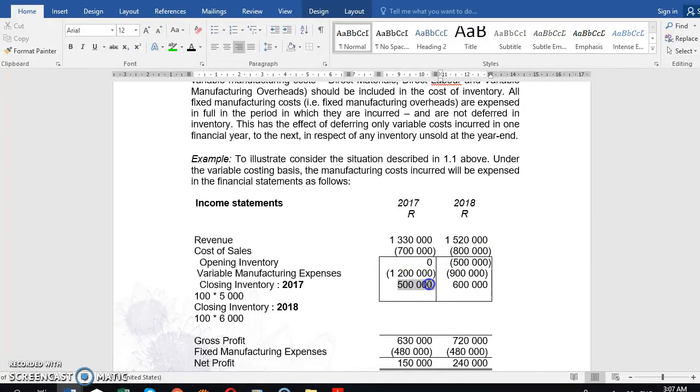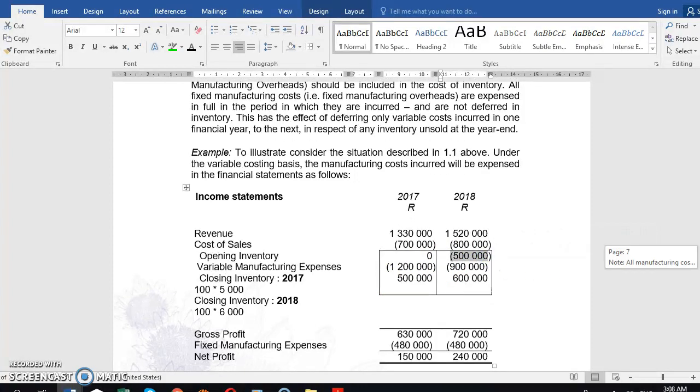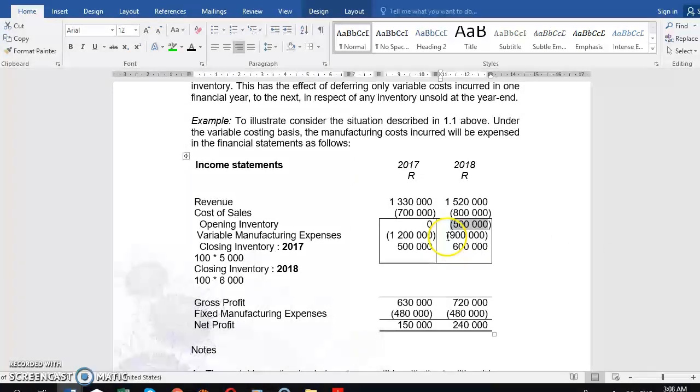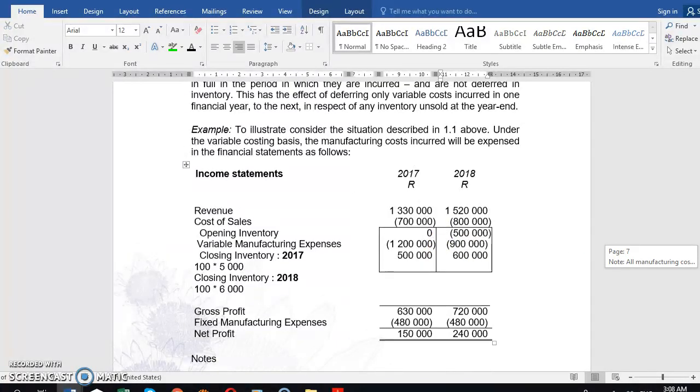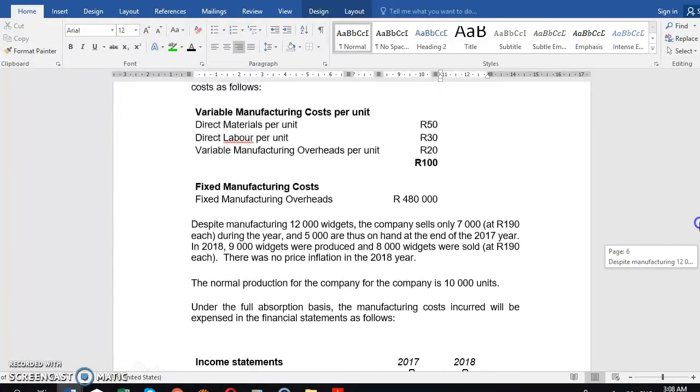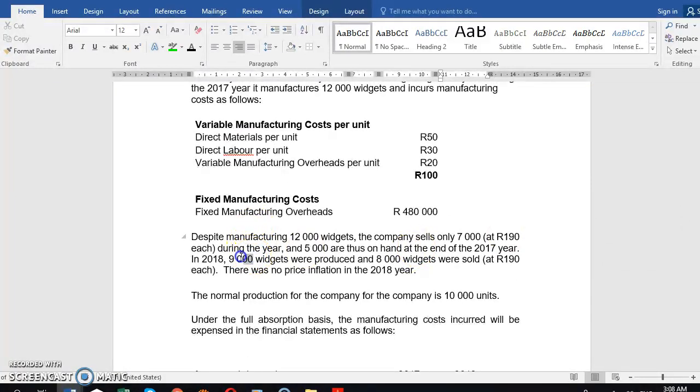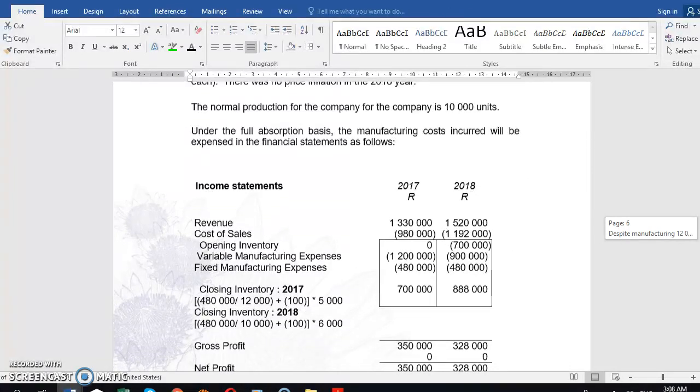It's not the 700, it's the 500. Then your production cost is just the variable cost, which will be the 100 Rand per unit, and we produce 9,000 units in 2018, so 100 times 9,000.